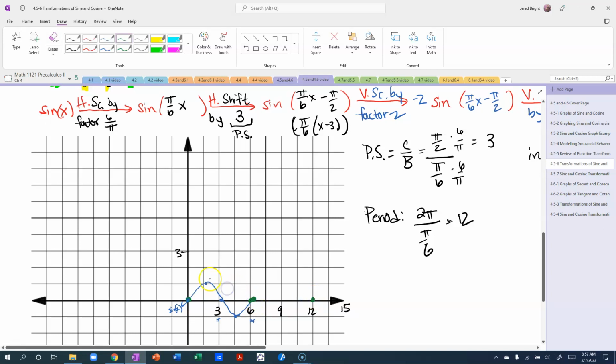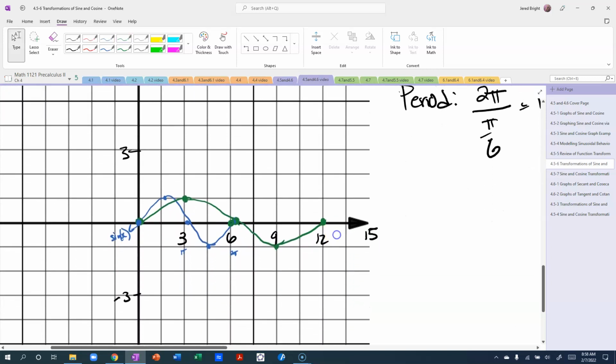And then this would be pi over 2, multiply that times 6, I get 3. And this one is at 4.5, that would move to 9. So already I have something that looks like this.